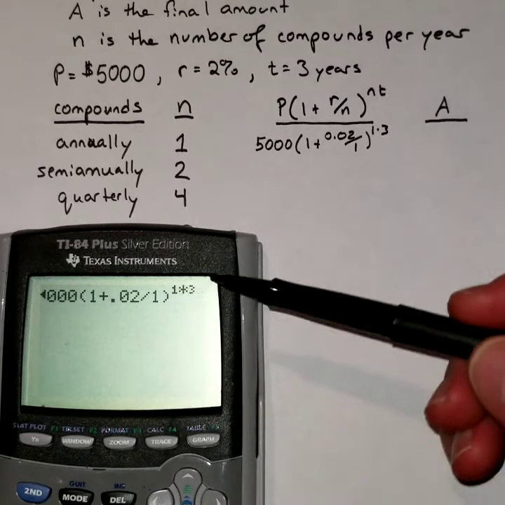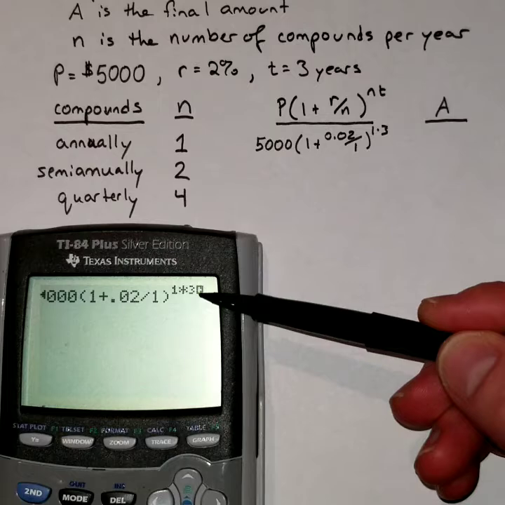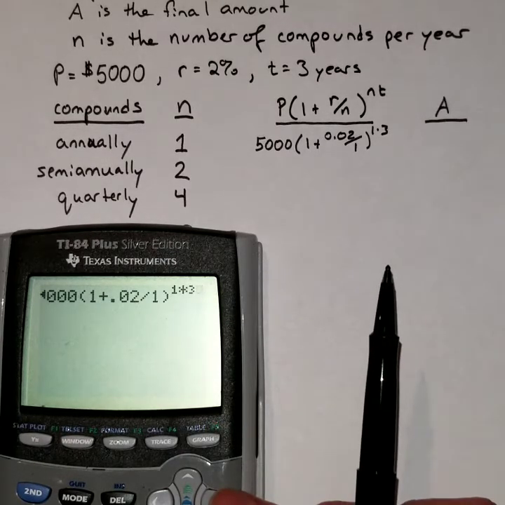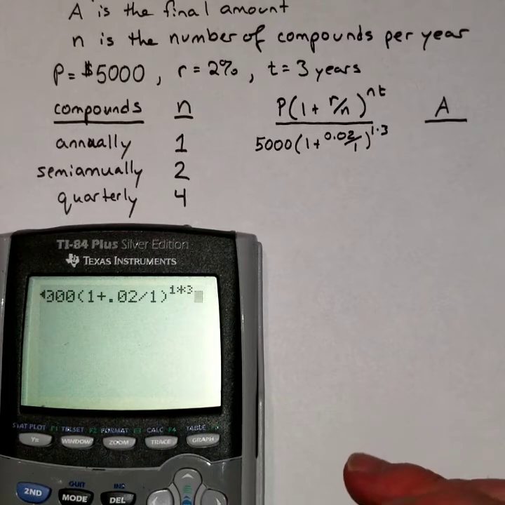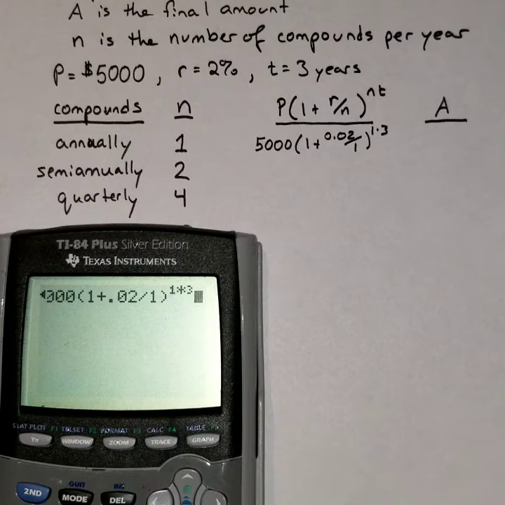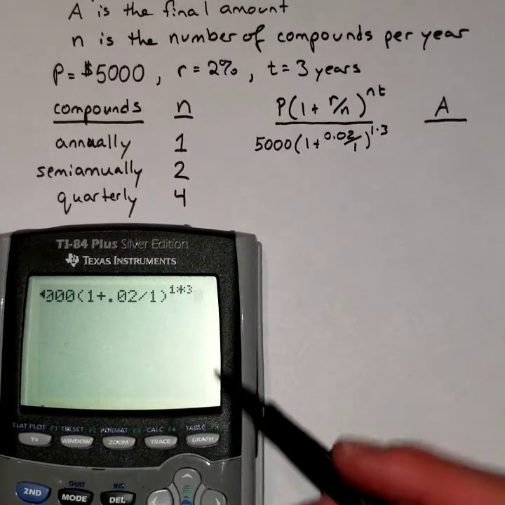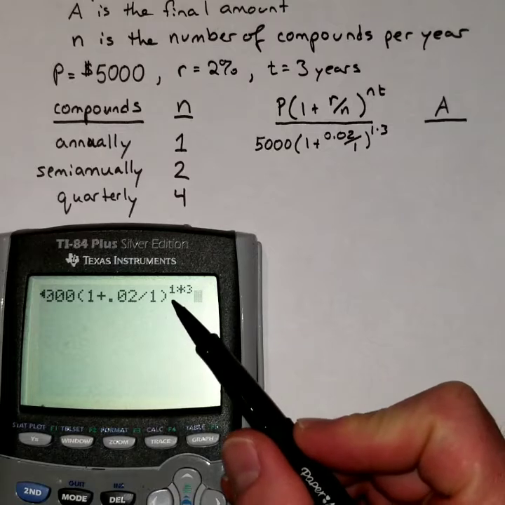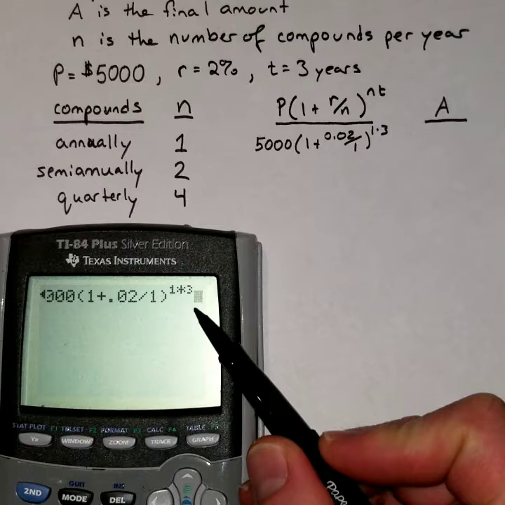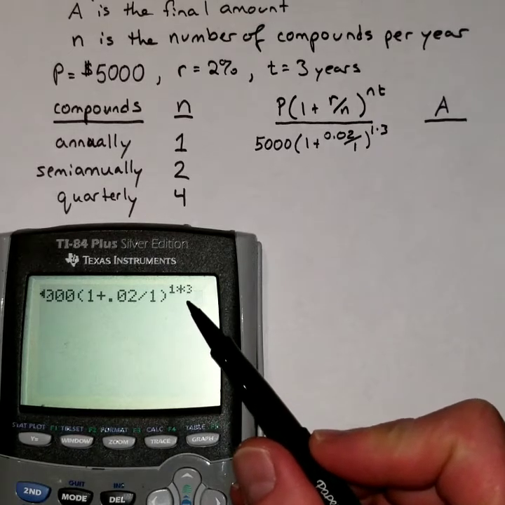Now, my calculator uses a superscript notation for the exponent, and I have to hit the right arrow to pop out of that exponent. Some of you don't have that, and it's just going to put a little caret symbol there for the exponent. If that's the case, then you may want to surround the 1 and the 3 with an extra set of parentheses, otherwise it won't put the 3 in the exponent.